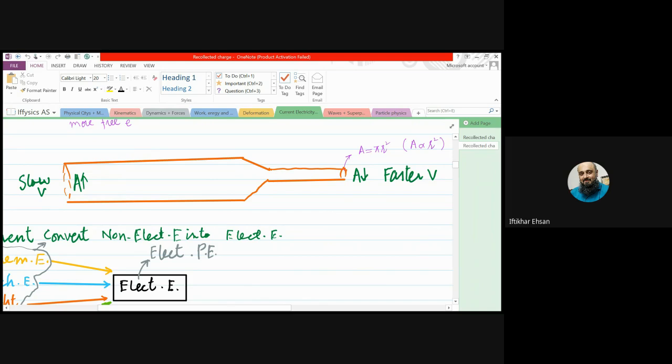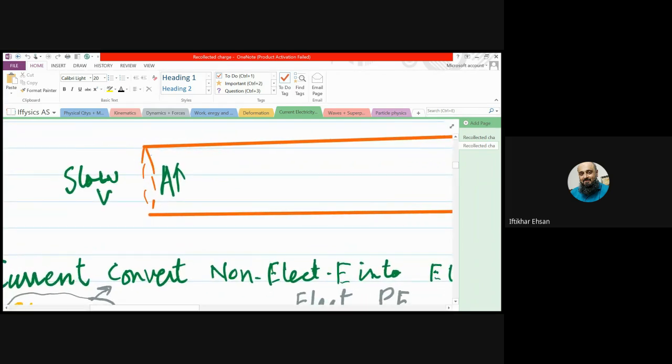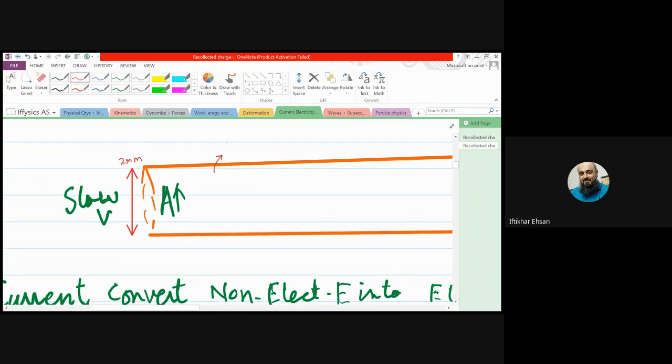Suppose that we are having a wire which has a diameter that is 2 millimeter, and it is made up of a material which has 2.5 times 10 raised to power 3 electrons per meter cube.